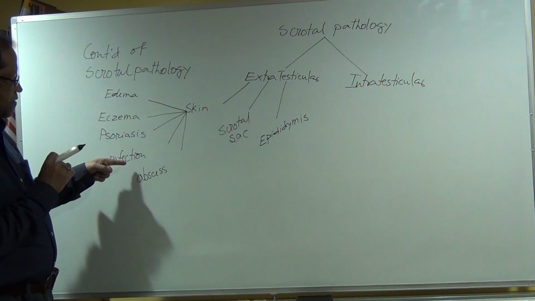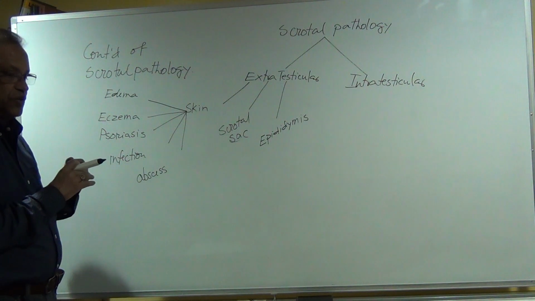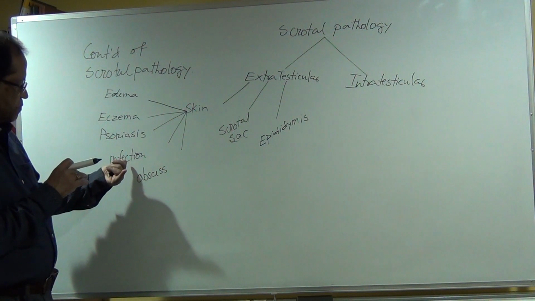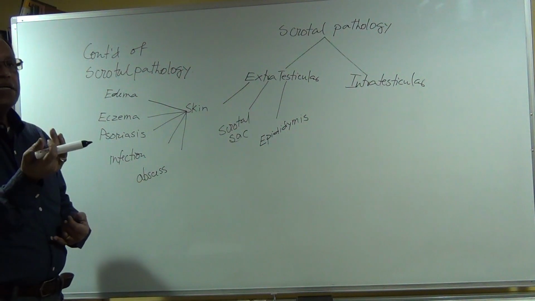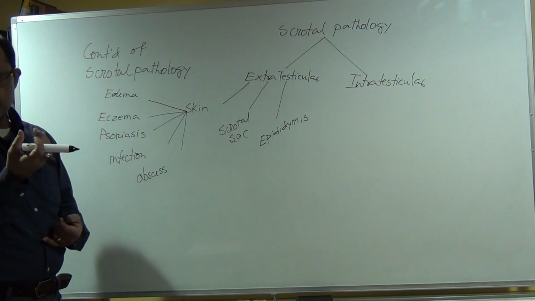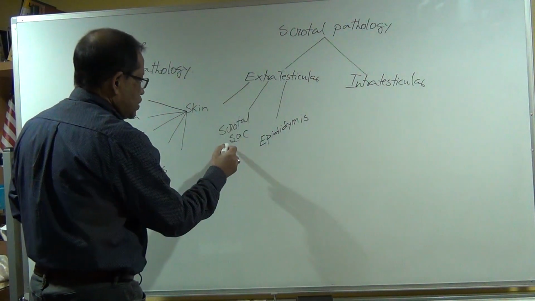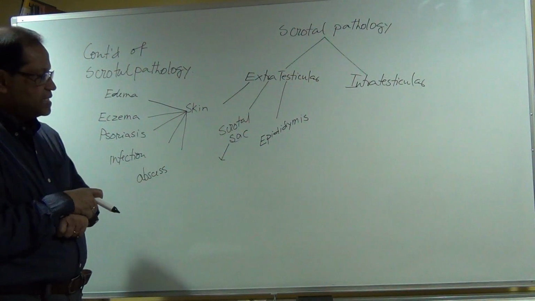And when there will be infection, then you will see the color, dolor, rubor, tumor, functio laesa. There will be hypervascular thickening, redness, pain, and if there is an abscess, then you can see there is a collection of pus, right?